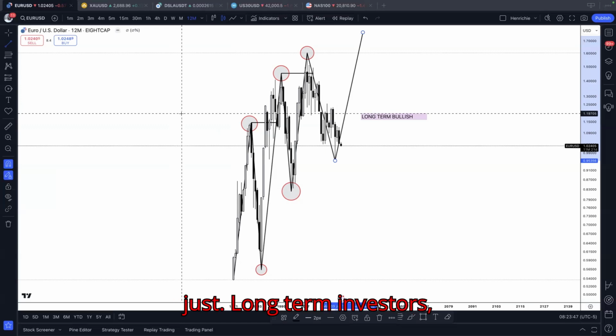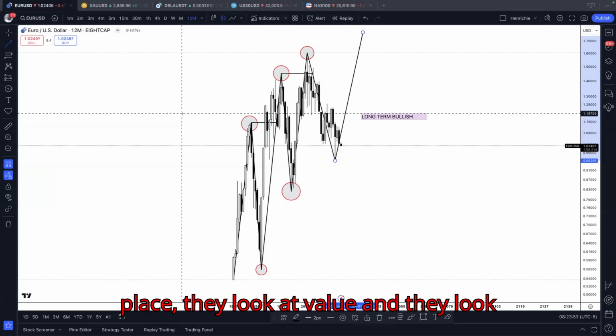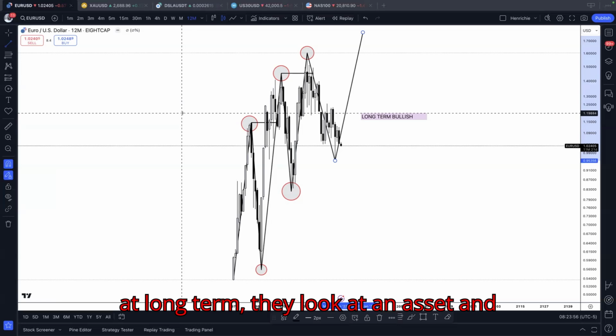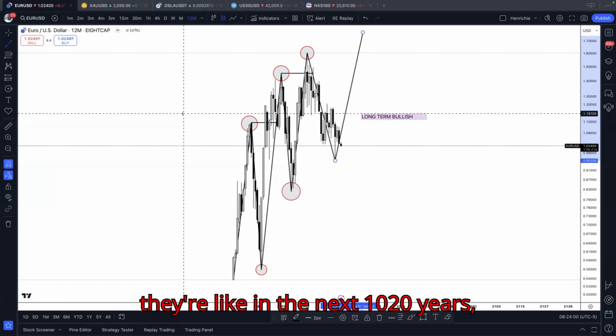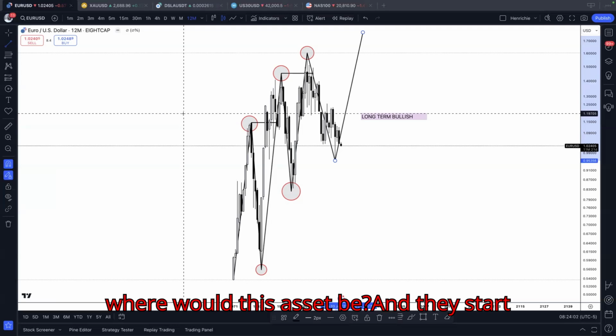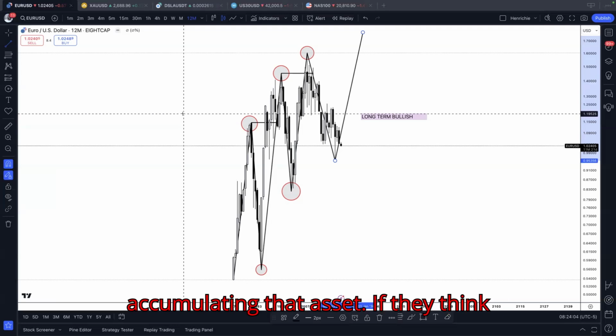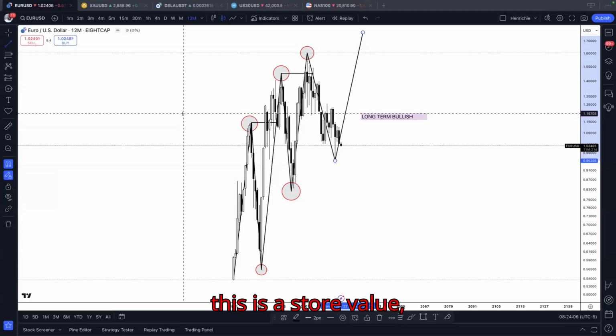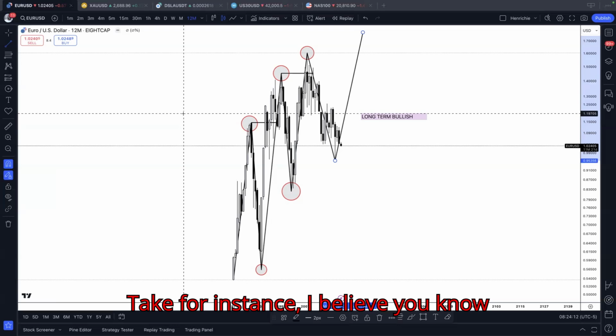They're just long-term investors. They look at value and they look at long-term. They look at an asset and they're like, in the next 10, 20 years, where would this asset be? And they start accumulating that asset if they think this is a store of value.